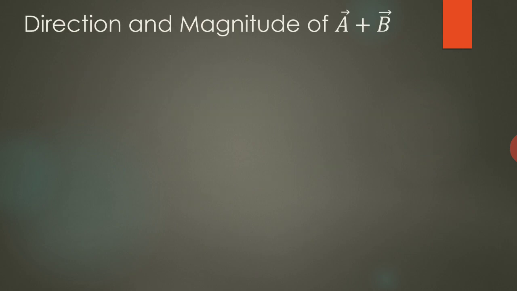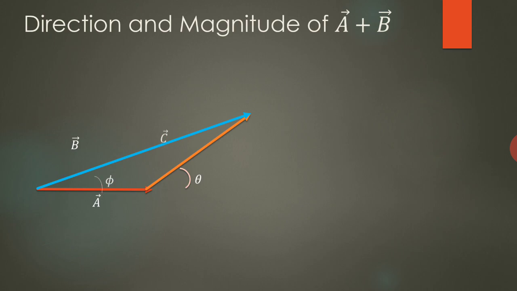So now how to calculate the magnitude and direction of the A plus B vector. Here I am taking a vector A and then another vector B, separated by an angle theta. To calculate the sum of these two vectors, I need to shift the second vector and join tail to head.